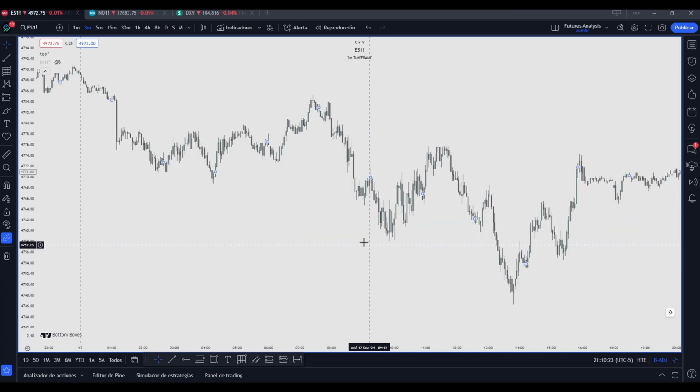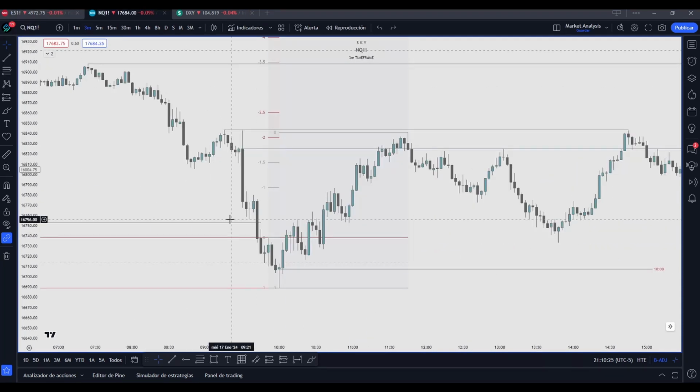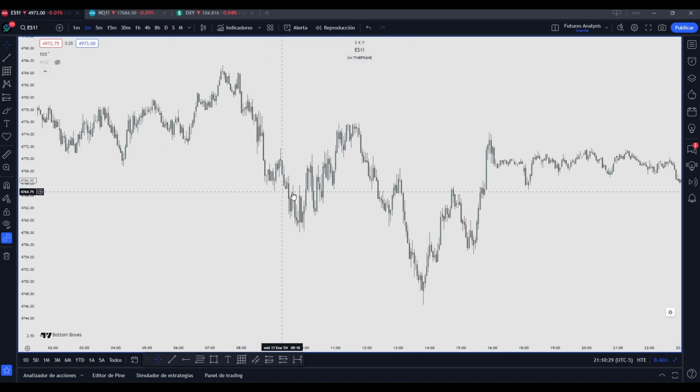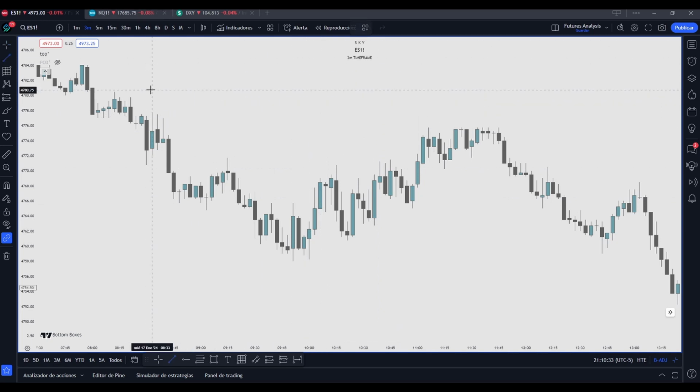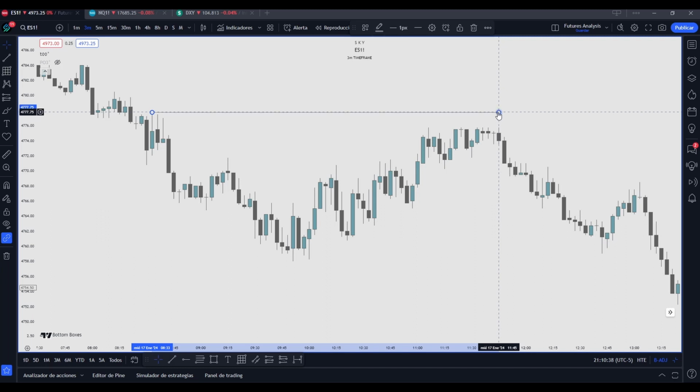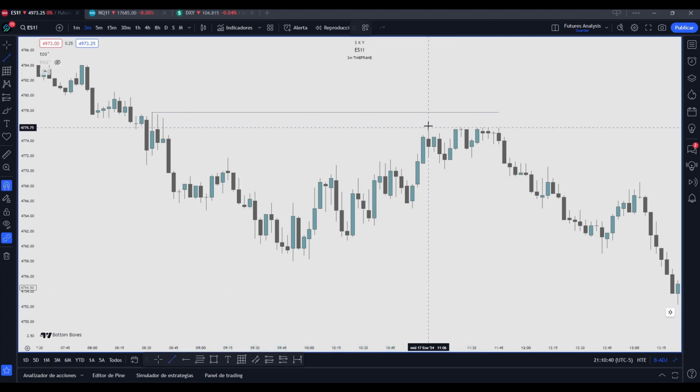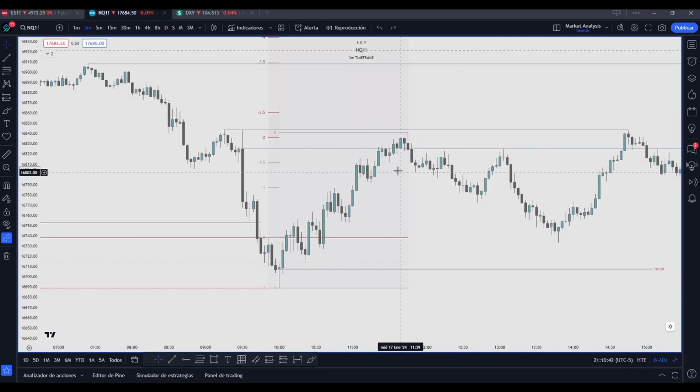Here, around 11:45. Oh, so it could be some SMT here.